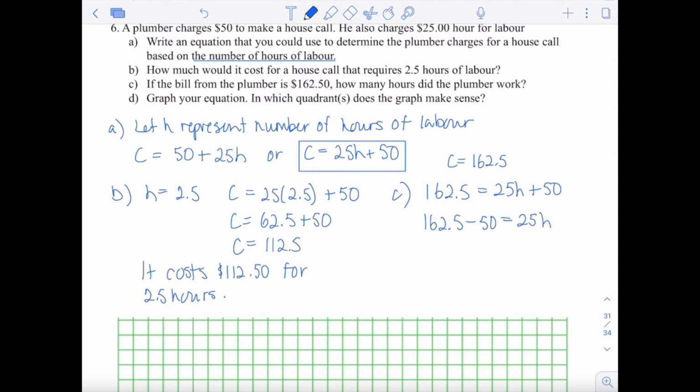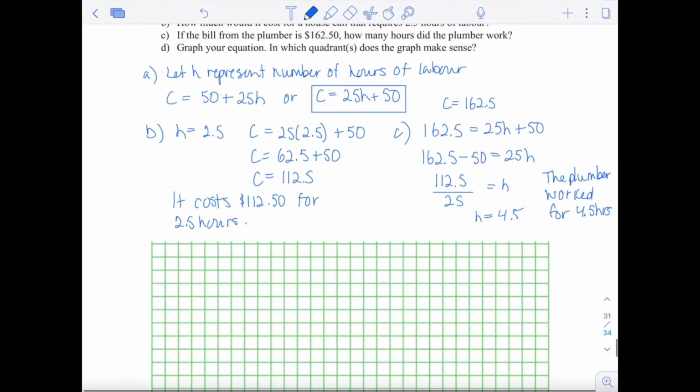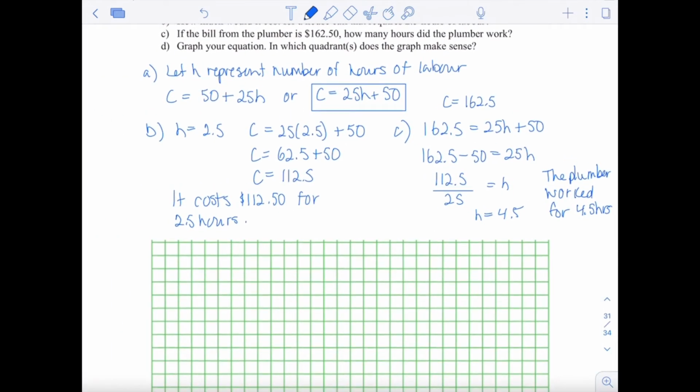So I get 162.5 subtract 50, 112.5, over 25 equals H. H is 4.5. The plumber worked for 4.5 hours.